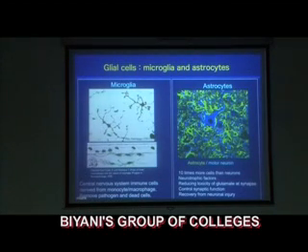How about the non-neuronal cells? So we first focus on these two types of glial cells, microglia and astrocytes. The microglia is a central nervous system immune cell derived from the peripheral monocytes, similar to the macrophage.